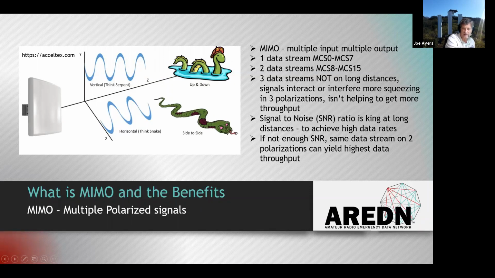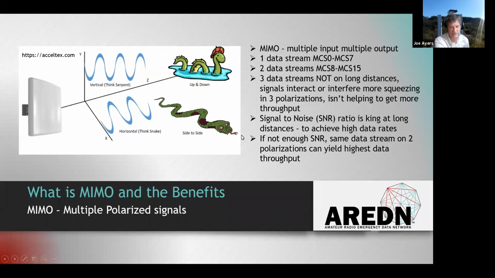They're doubling up on the data. The spec actually has 3 and 4 streams, which are not used in long distance because the polarizations begin to affect each other and interfere with one another, such that we just don't get sufficient signal-to-noise ratio and improved throughput to try to do that. So we only look in the spec at the MCS up to 15.